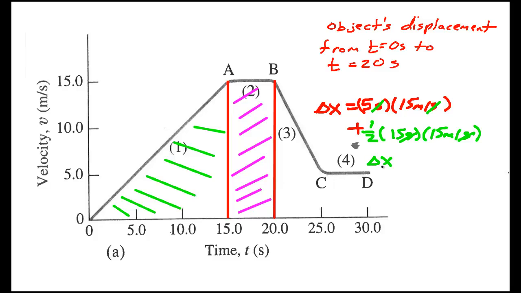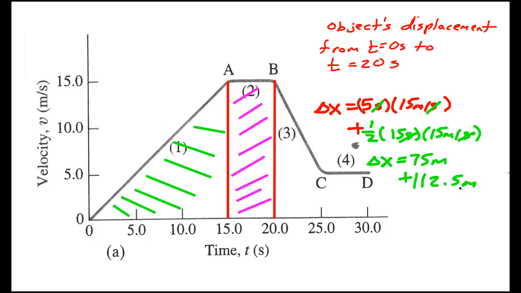So delta x, 5 times 15, that's 75 meters, plus 15 times 15, that's 225 divided by 2. So we have 15 squared divided by 2, about 112.5.